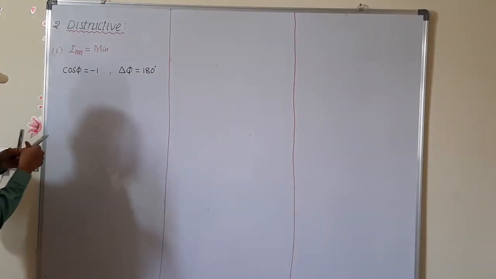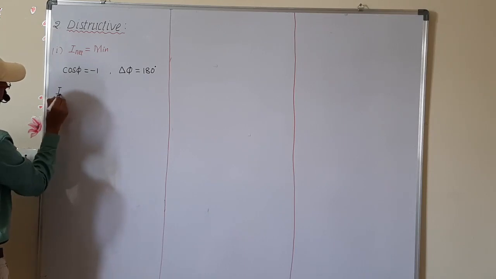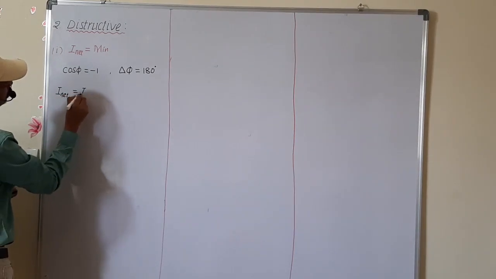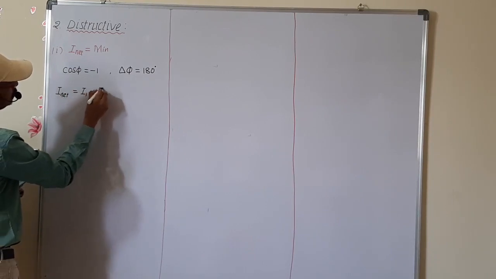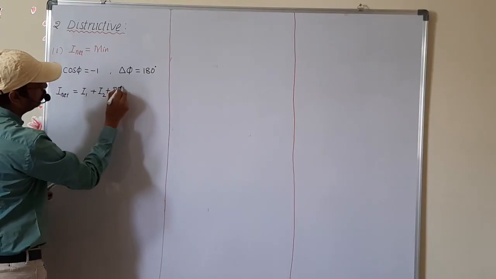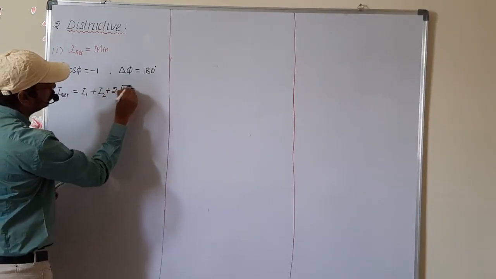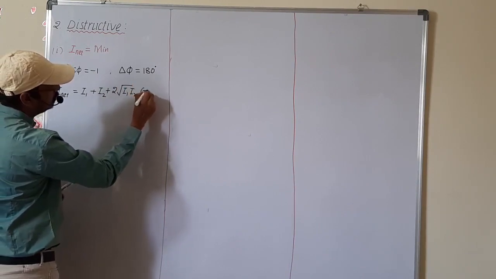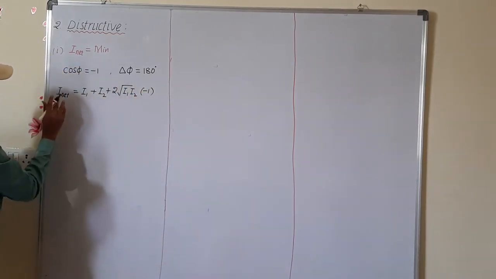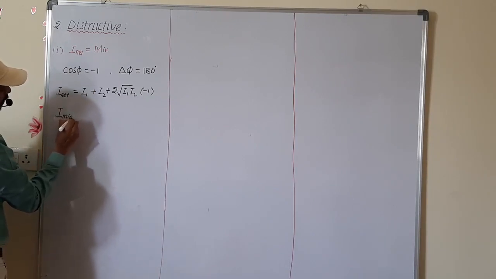If you substitute this in the equation, I net is equal to I1 plus I2 plus 2 root I1 I2 cos 180, which is -1. Then I net becomes minimum.